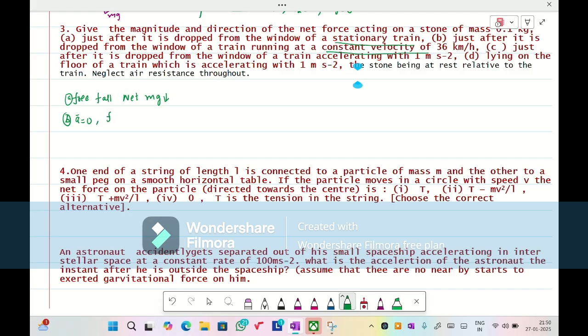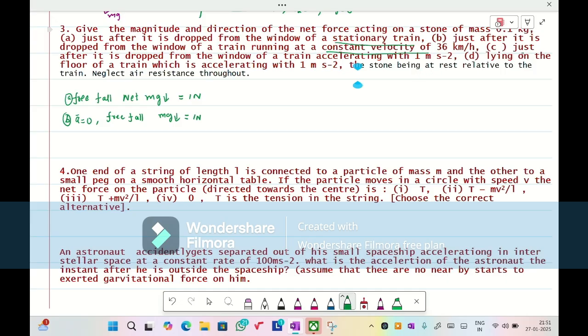So again it is free fall, and the net force is mg downwards. The m value is given as 0.1. If they are asking for the magnitude, it comes to 1 Newton, taking g as 10 for simplicity as mentioned above. So mg is 1 Newton, downwards.